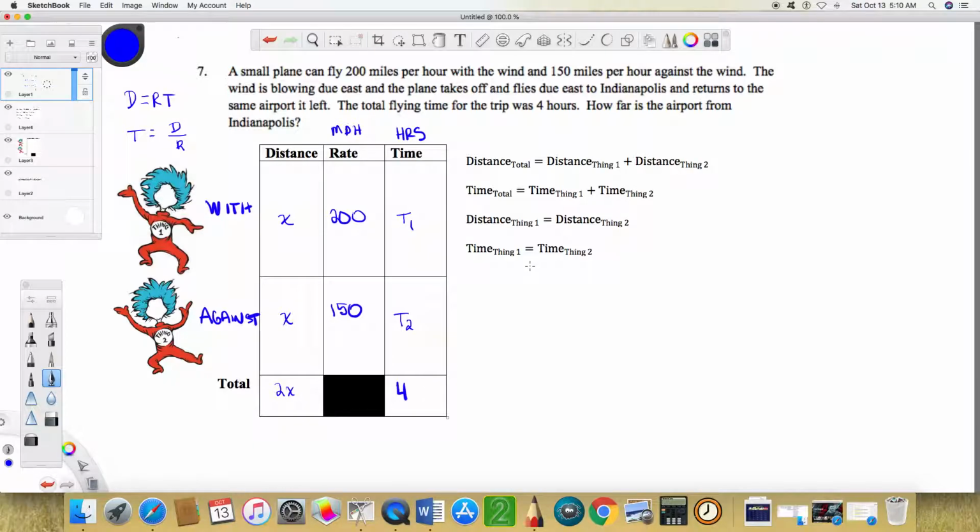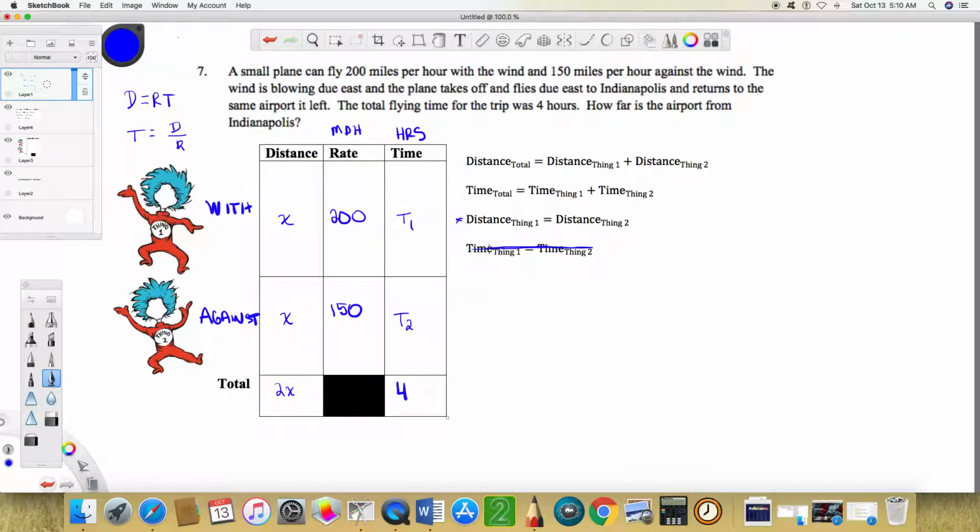All right, it's possible but unlikely that we would set these two distances equal to each other. Although maybe we could do that. I don't believe that it would be reasonable, especially since one's so much faster than the other.